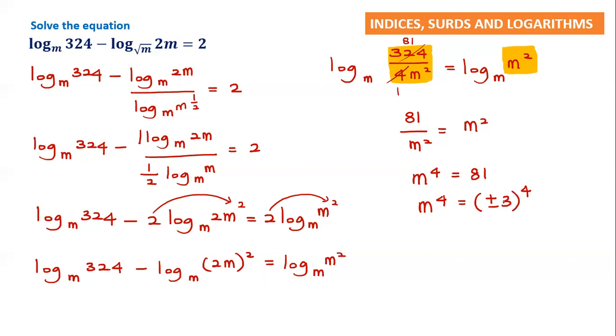So we have two values. Your m can be positive 3 or your m can be negative 3. Inside the log, the base cannot be negative, right? So we're going to ignore the negative 3. So the answer is m equals to 3. This is your final answer. Your m is going to be 3.